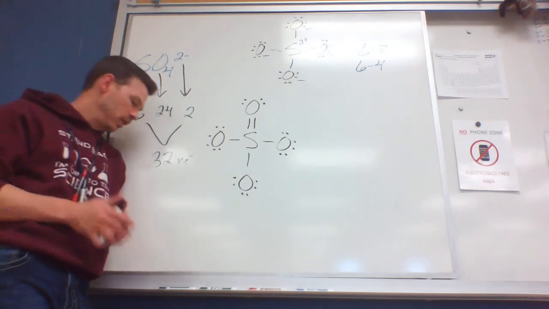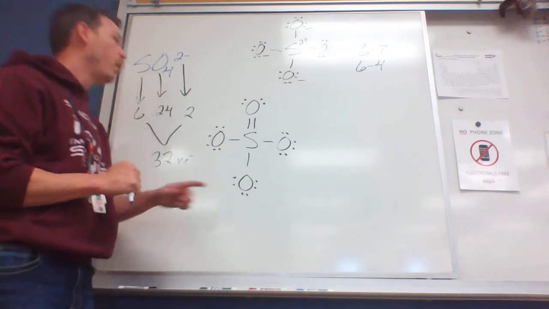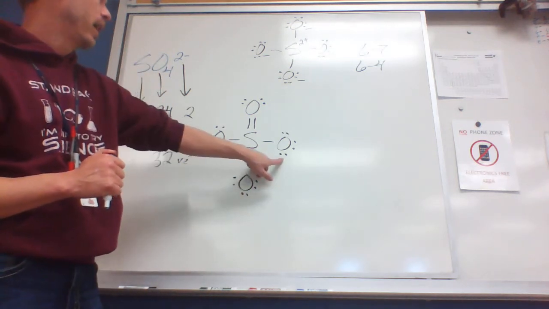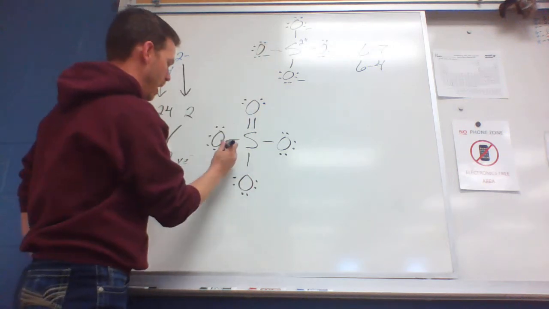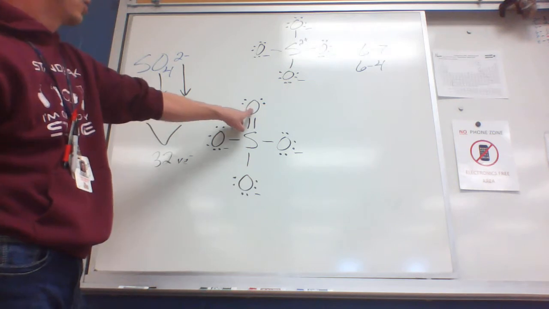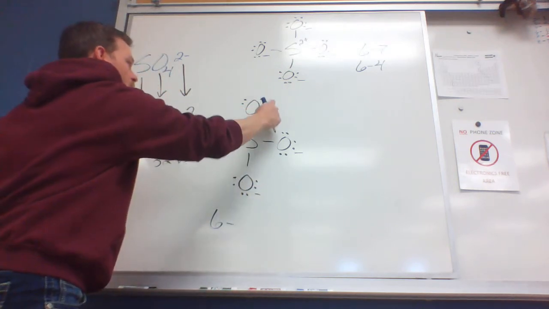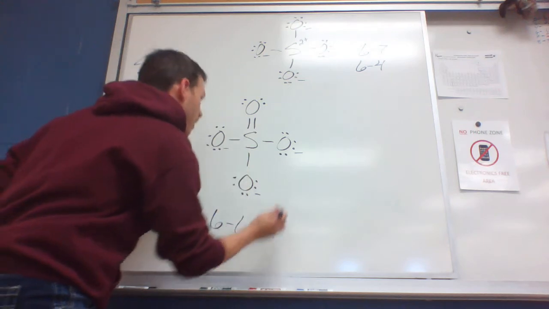So let's figure out what the formal charges are here. We already know these three oxygens, because they're the same as those, so we don't have to run that again. But look at this oxygen. He's sitting at 6 minus 6, so he's got a 0.